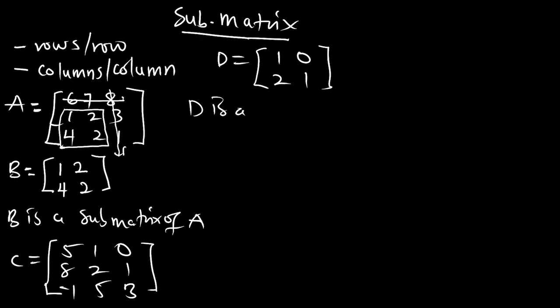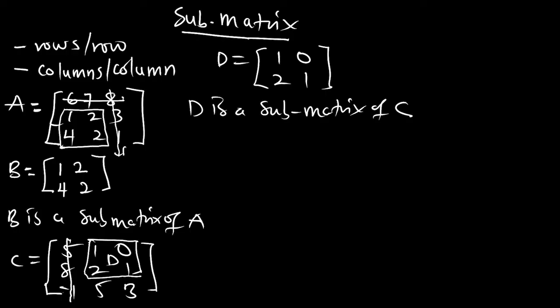Then D is a sub-matrix of C, because looking at this, this is the portion that is forming matrix D. We are omitting this column and we are omitting the third row. So a matrix which is obtained from another matrix by omitting some rows or a row and a column or some columns, then that matrix is a sub-matrix.